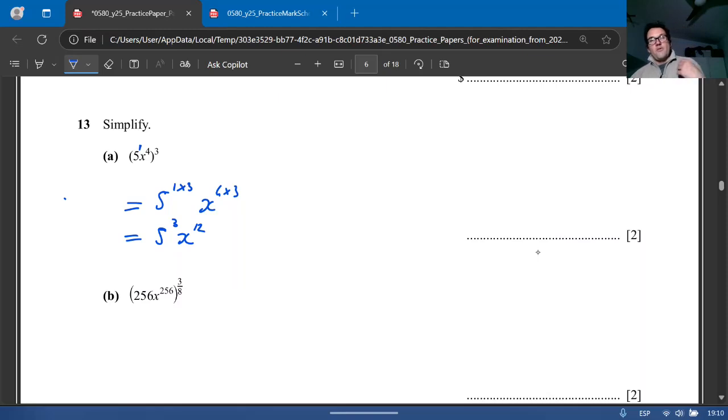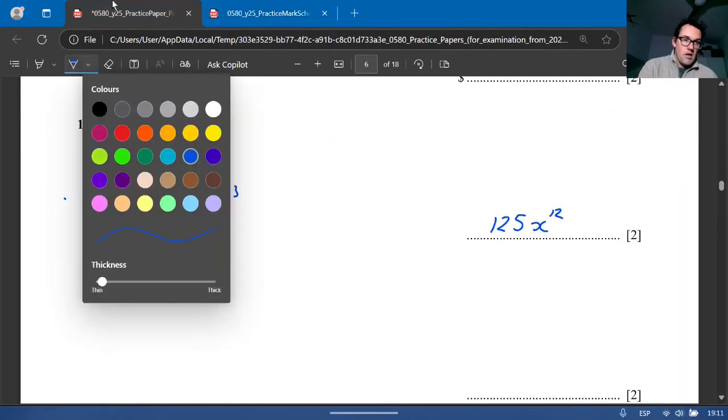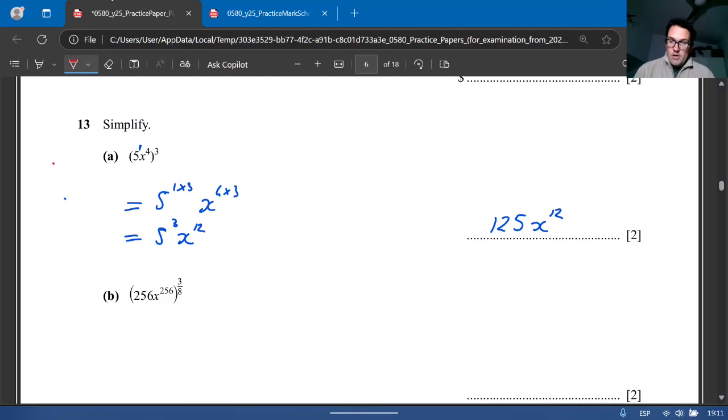And of course, you know what 5 cubed is, but if you don't know, just put it in your calculator. 5 times 5 is 25. 25 times 5 is 125. You need to simplify, which means also calculate what you can. So you get 1 mark here for the 125 and 1 mark for the 12.